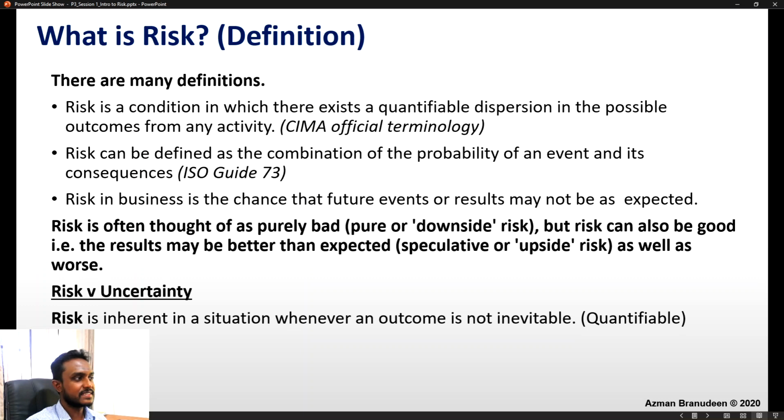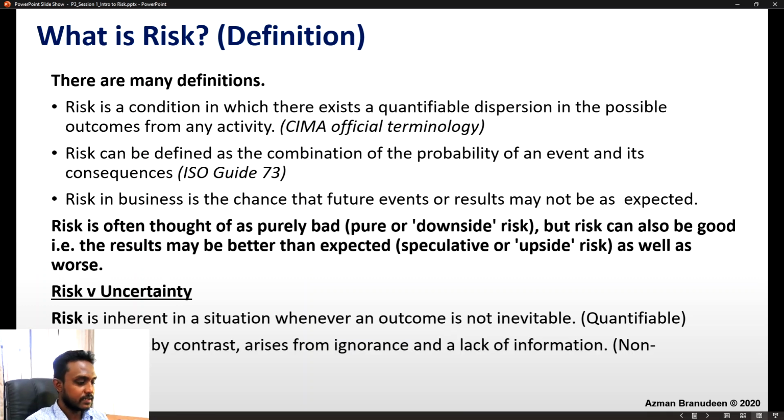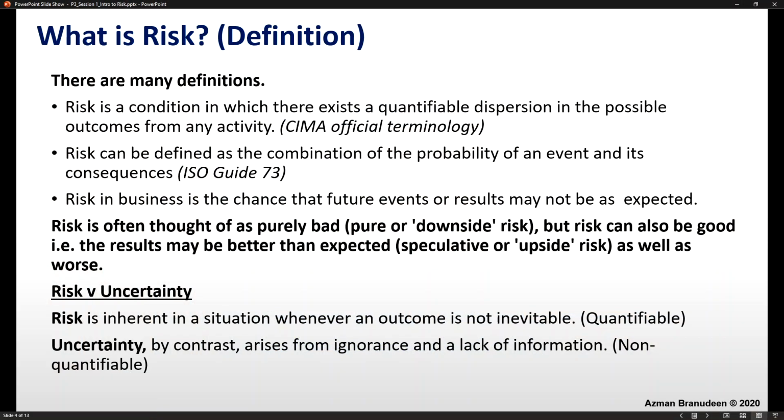Now, risk is inherent in a situation whenever an outcome is not inevitable. So basically you're looking at a situation where the outcome is not known, and on top of that, we say that risk is quantifiable, whereas uncertainty, by contrast, arises from ignorance and a lack of information, basically non-quantifiable.